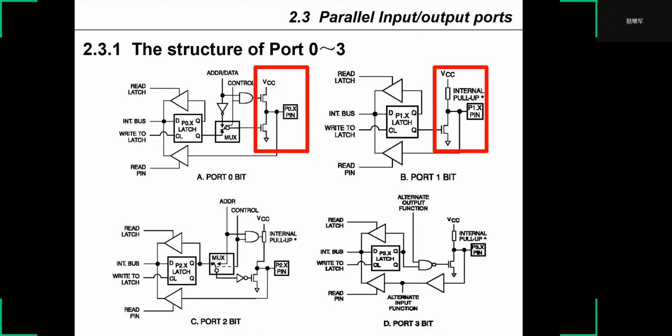If we want to write to the range, we write it to here. Write to the range. Then the signal flows to here.